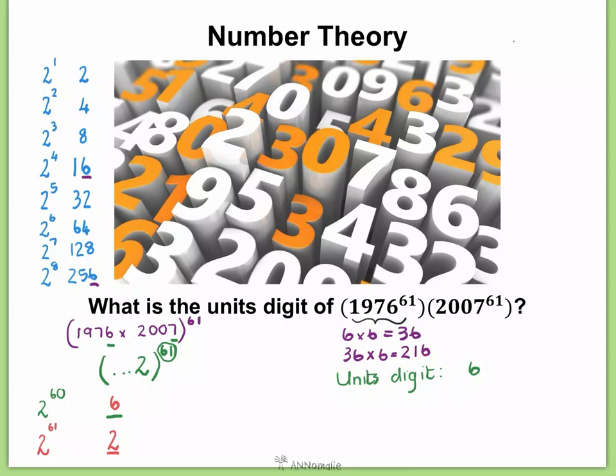So 7 to the power of 1 is 7, units digit 7. 7 to the power of 2, 49, units digit a 9. 7 to the power of 3, 343. 7 to the power of 4 is 2401. 7 to the power of 5 is equal to 16807. Notice the pattern. Once again, a cycle of 4.